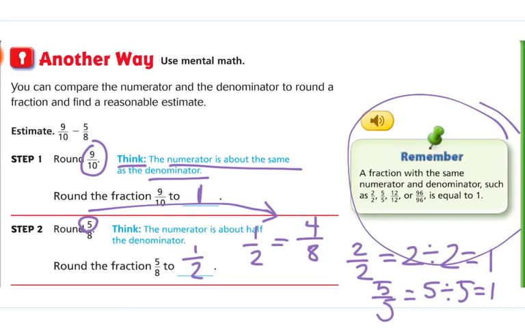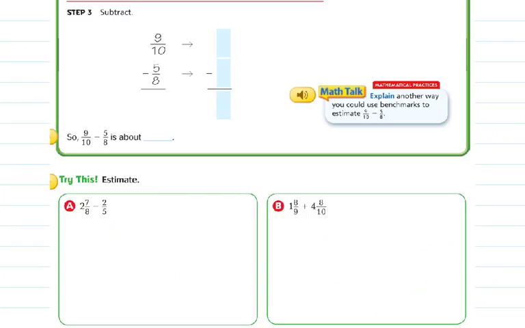Next step, we subtract. We take 9/10, which we round to 1 whole, and 5/8, which we round to a half. 1 minus 1/2 would be 1/2. So 9/10 minus 5/8 is about 1/2. Remember, boys and girls, that word about is just prompting us to remember it is about that amount.